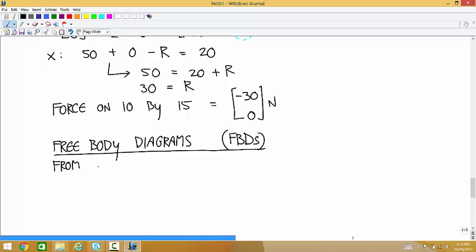And from now on, you have to draw a free body diagram for every use of Newton's second law.